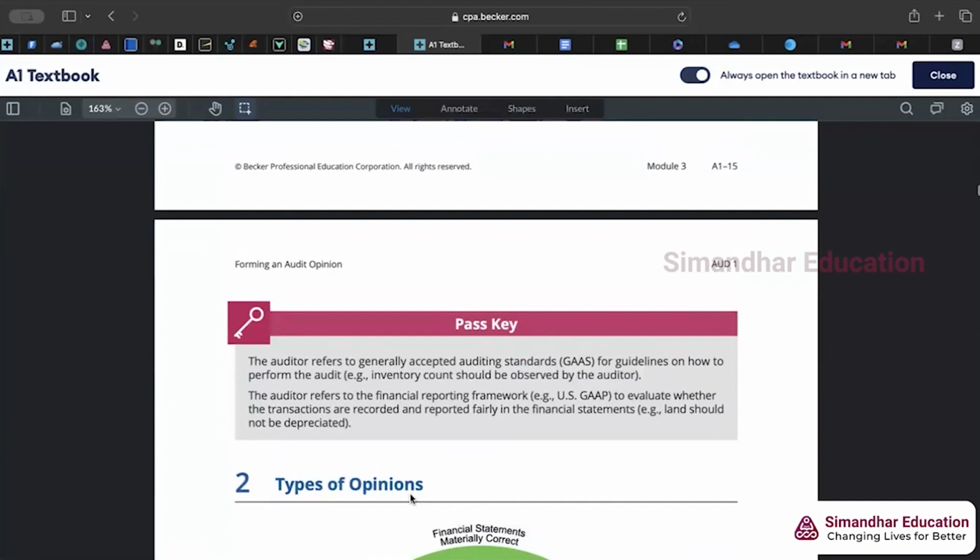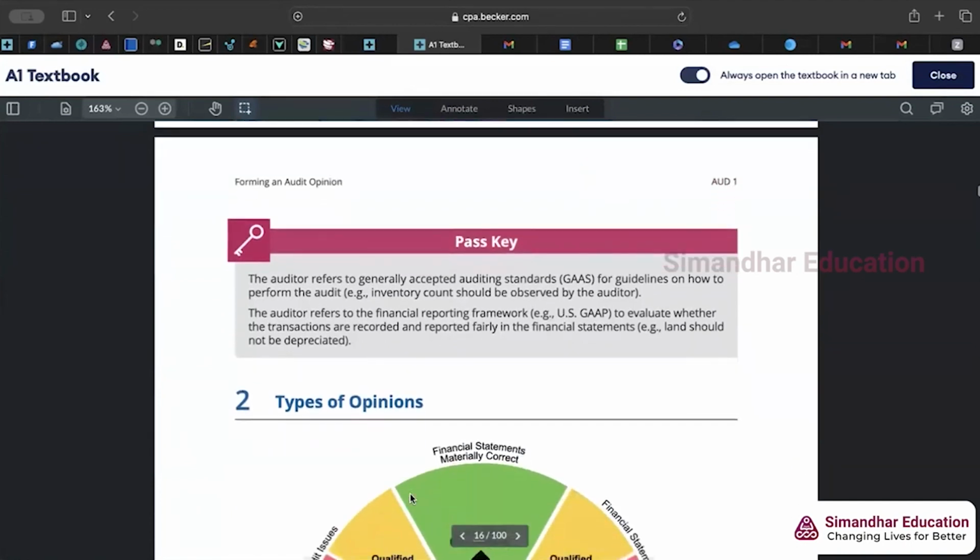The auditor refers to the GAAP to evaluate whether the transactions are recorded and reported fairly in the financial statements. Auditing standards to see how to perform audit procedures. GAAP to see if the transactions are recorded and presented correctly in the financial statements.